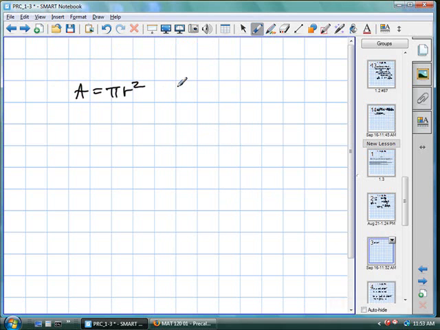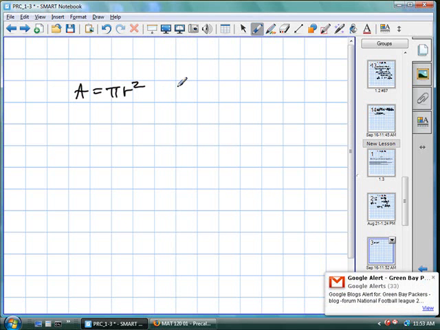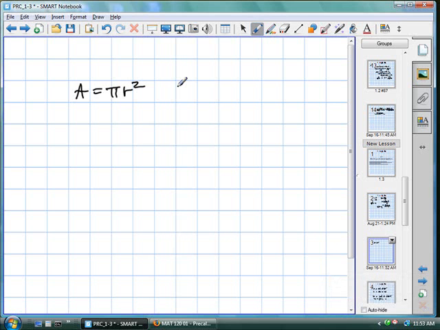In other words, I'd really like that formula to be solved for r. So let's just do that. How would you solve this for r? Well, you want to get it alone, so I don't want the pi there, and pi is being multiplied, so we could divide both sides by pi. That would put us in this position.